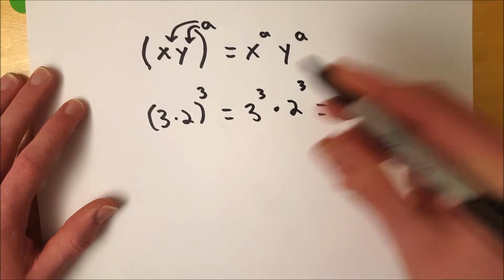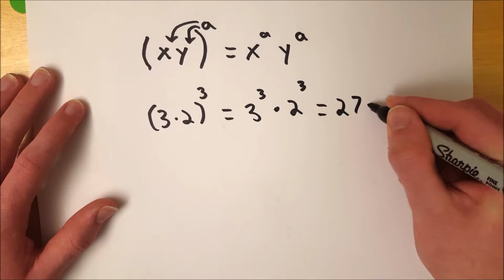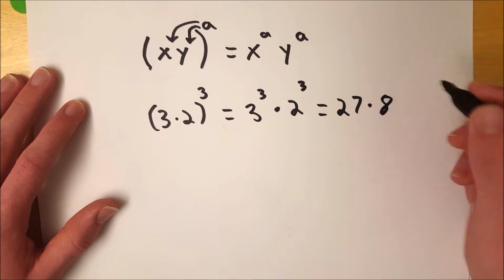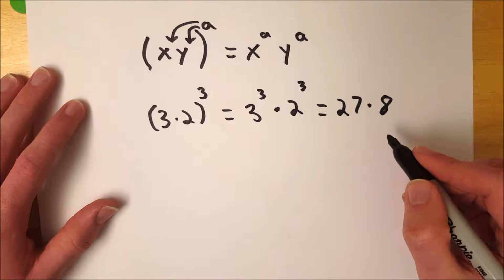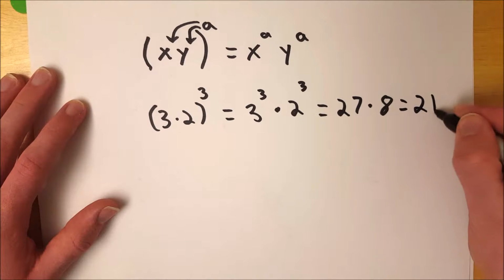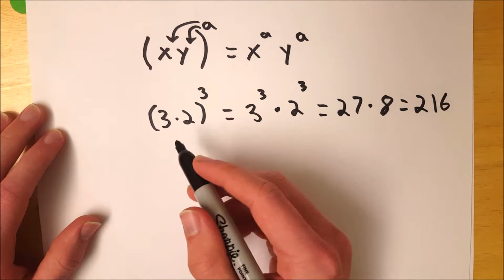That is equal to 3 times 3 times 3, which is 27, times 2 times 2 times 2, which is 8. That's 27 times 8, which I believe is 216.